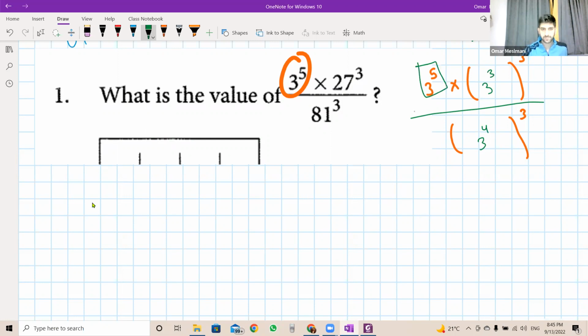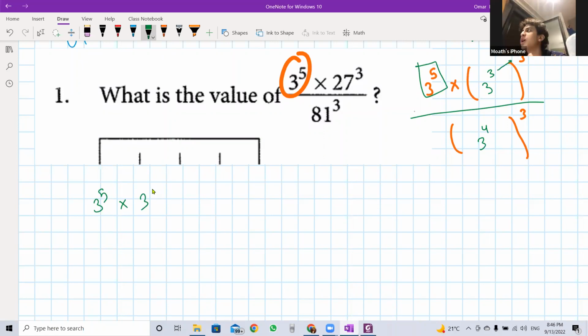I will keep it 3 power 5, multiplied by 3 power 3 power 3. Now power of power. Did you remember the rule? Power of power, what is it? You multiply them.